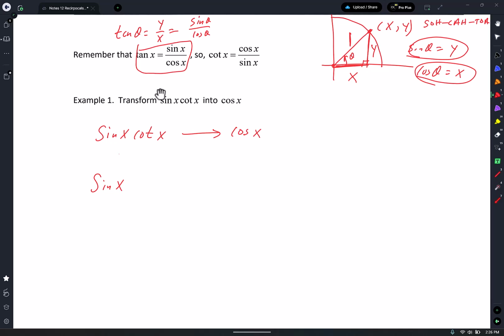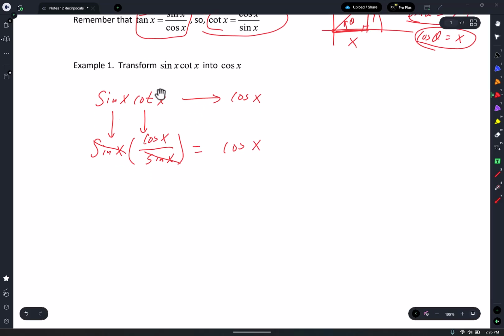And instead of writing cotangent x, I'm going to write what over what? Perfect. Cosine x over sine x. And when I do that, what is going to cancel out? Heck yeah, the sine x is canceled out, and look what you get. Cosine x. So there it is. It works. And then you do 3 little dots in a triangle.